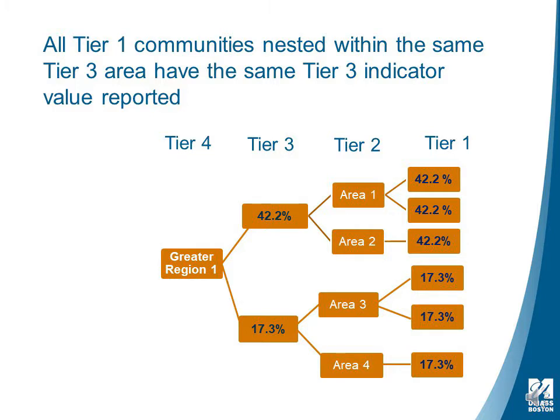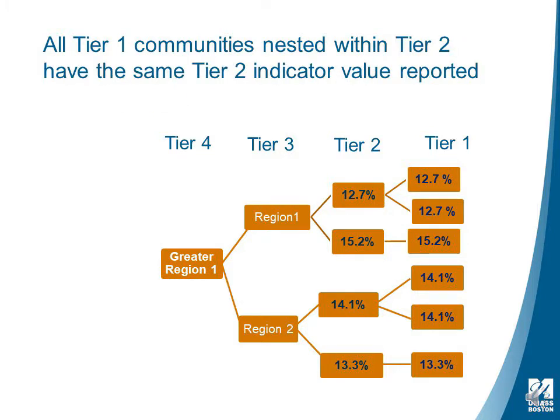All Tier 1 communities nested within Tier 2 areas have the same Tier 2 indicator value reported. In this example here, Area 1 of Tier 2 has an estimate of 12.7%.